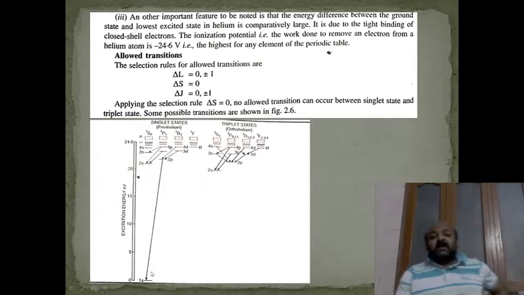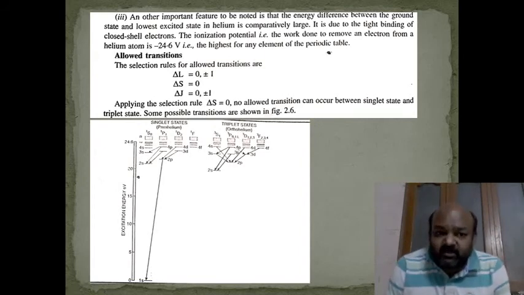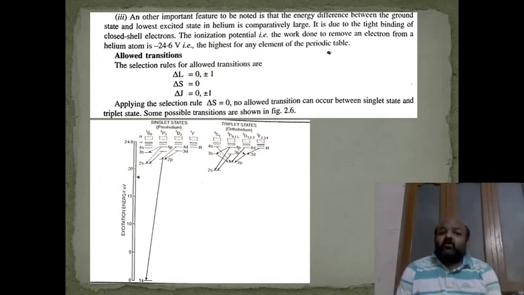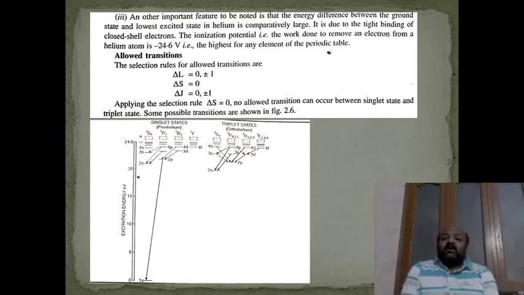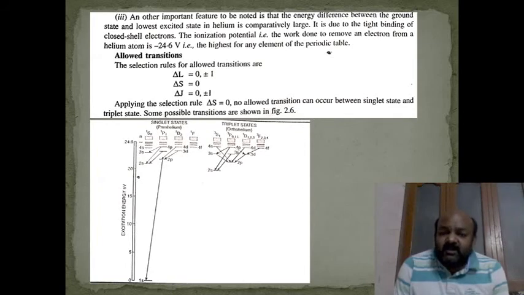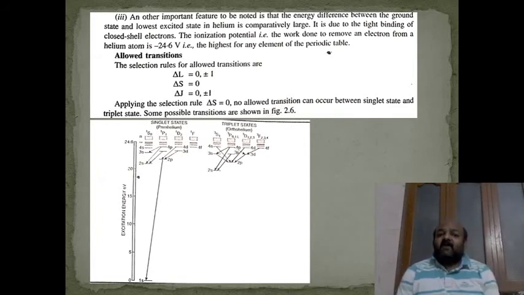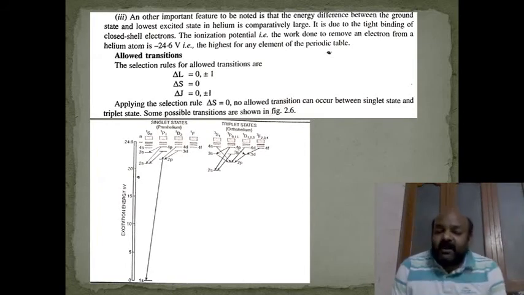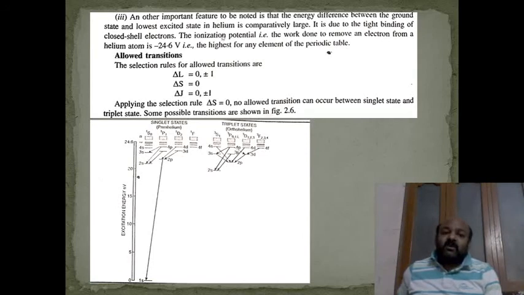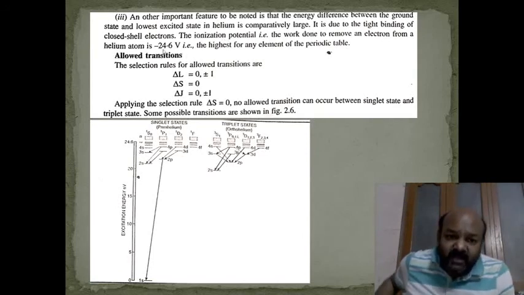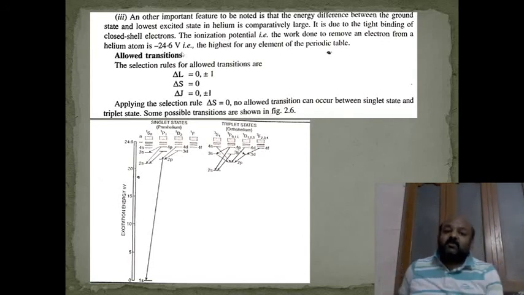Because in helium we have 2 electrons, so the configuration is 1s2, a closed shell configuration. So the ionization potential of helium is very high; we have to supply a high amount of energy to remove the electron from the 1s orbital, and this energy is 24.6 electron volt.